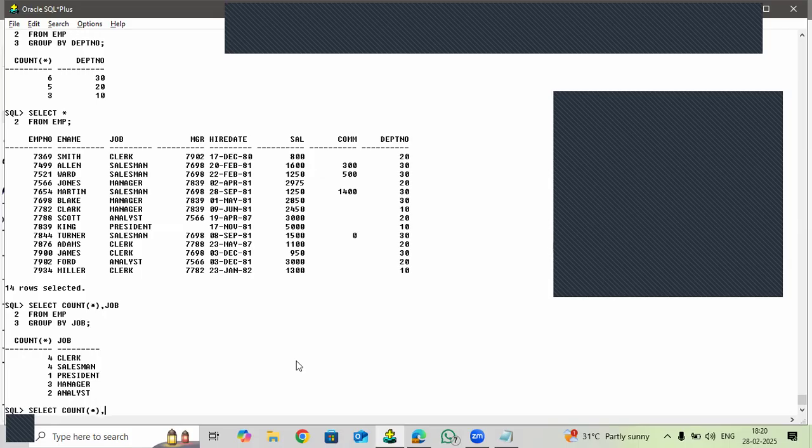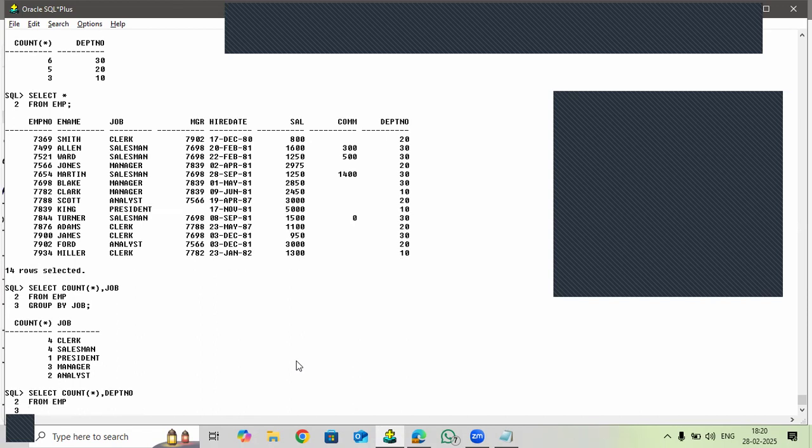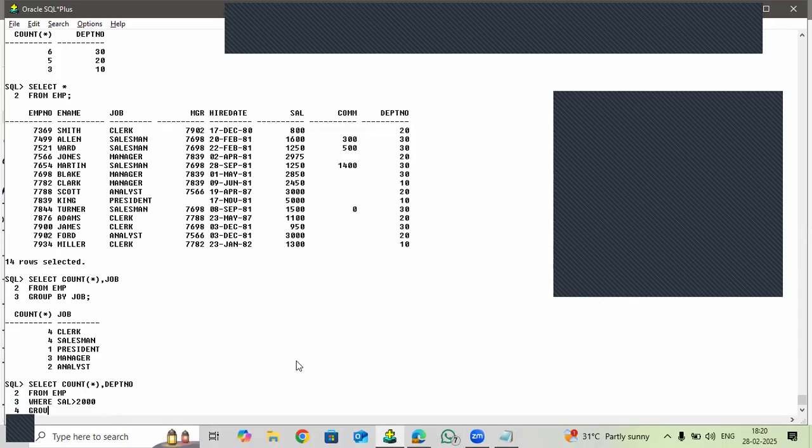Each department number, so they have specified each. So department number from EMP. Is it job or department number? It is department number. Yes, each department number. They have given a where condition: where salary greater than 2,000 group by department number.